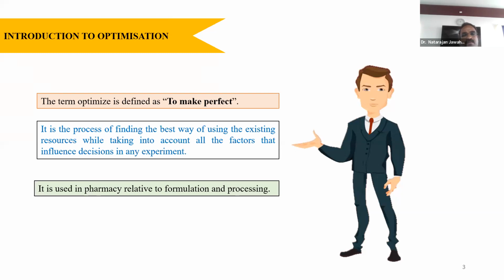I told the example, dissolution is our response. So among the different factors, we will come to know the most influencing factor, and accordingly we can decide our experiment. That's why optimization is used in pharmacy, mainly in formulation and processing.